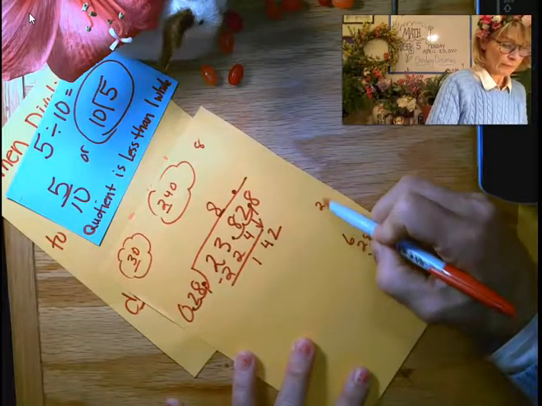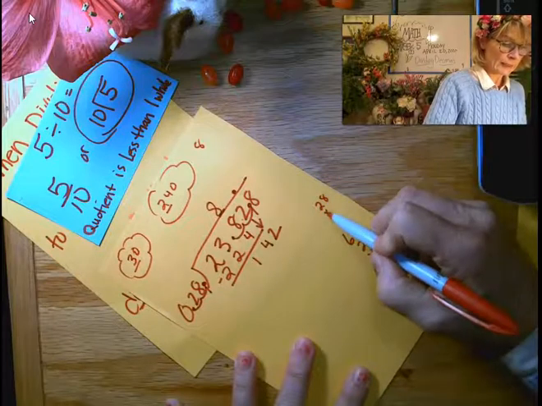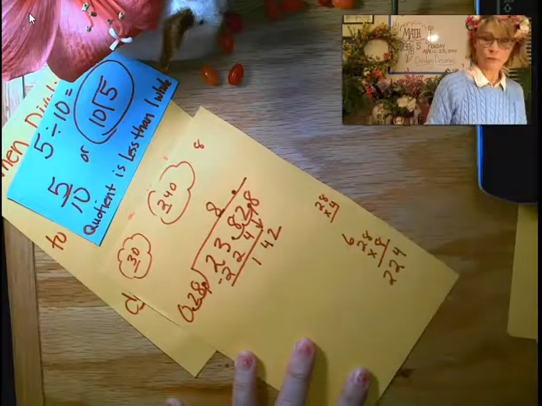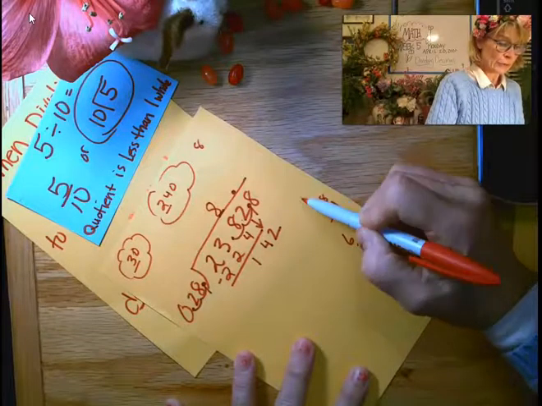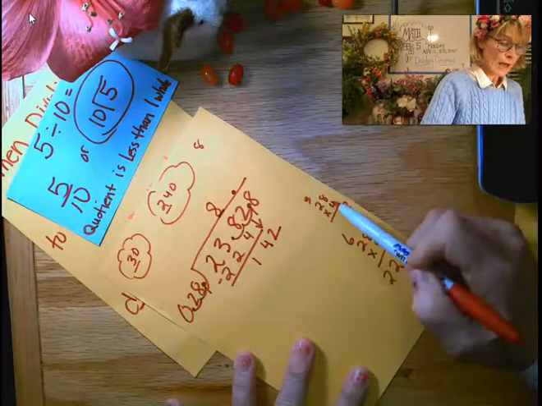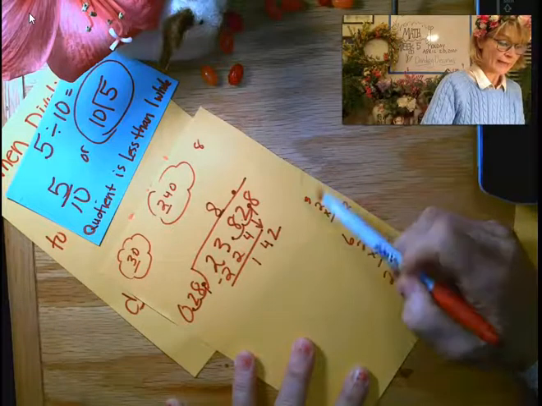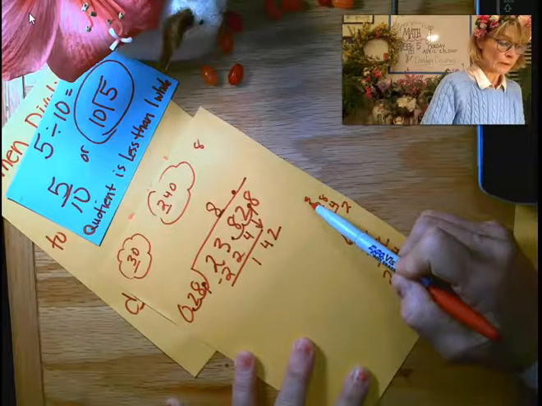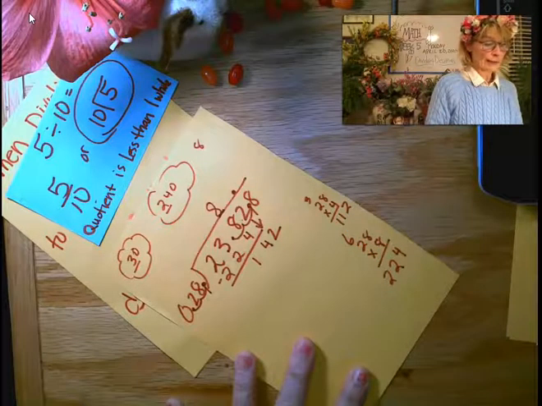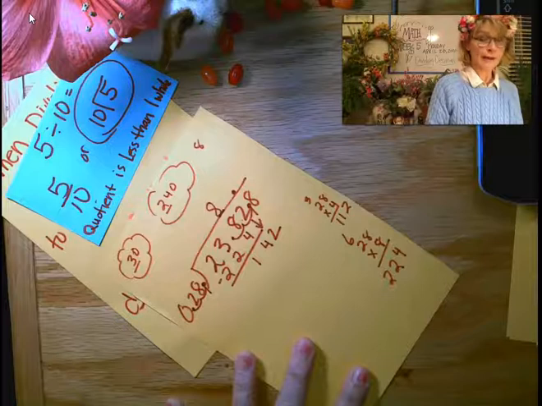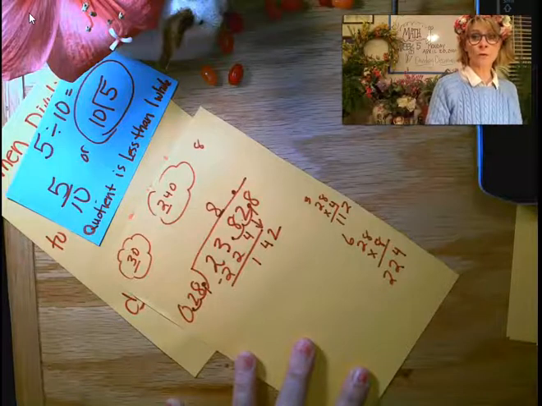Alright, so I'm going to try 4. So over to the side, I'm going to say 28 times 4, and I'm hoping I'm close to 142. I know 4 times 8 is 32, and then 4 times 2 is 8, plus 3 more is 11. So I've got 112. Alright, now that looks too small. I should adjust my quotient.